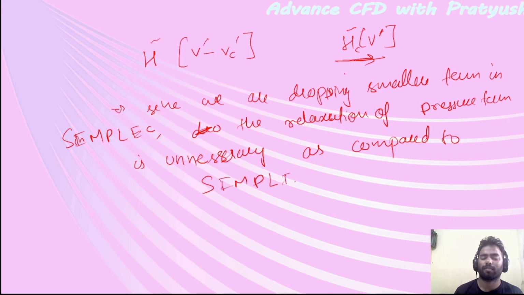Okay, since we are dropping the smaller term in simplex, the relaxation of the pressure term is not as required as in the simple scheme.